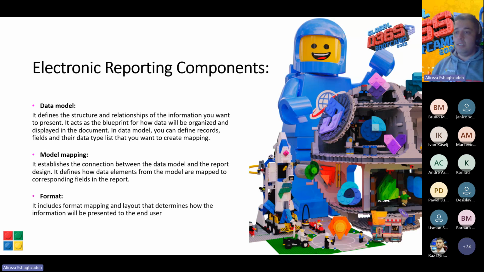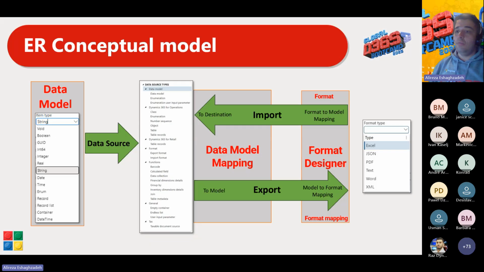So for example, EDI can be XML. You can define it as an import, and then define the format mapping to have it imported. But this can be a little bit tricky to start with as a concept, so in order to have a better overview, I have created this conceptual model.